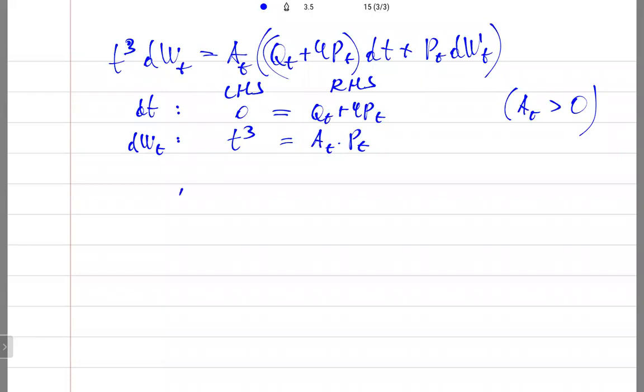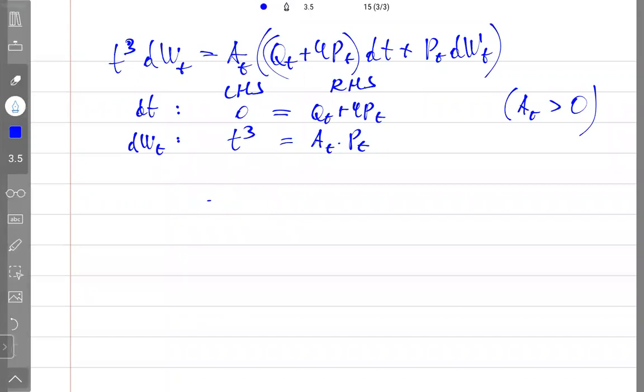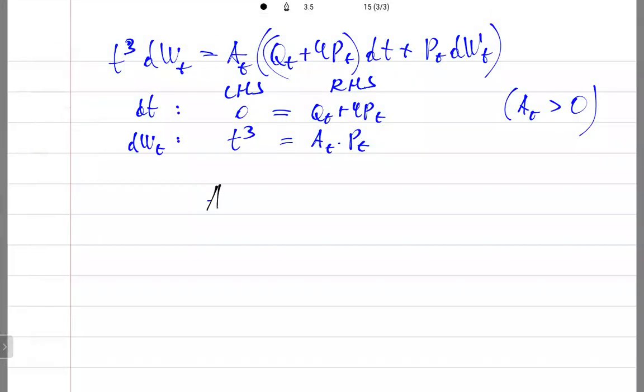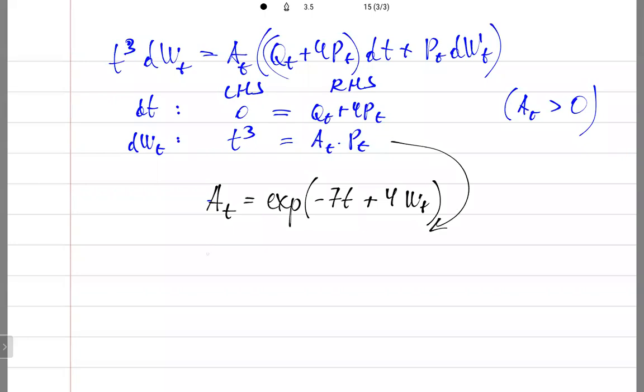so At is known. At is an exponent of, I don't remember, but it's known. Minus 7t plus, sorry, 4Wt. Just a moment. At is known. It's an exponent of minus 7t plus 4Wt. Okay, so I can immediately find the Pt.